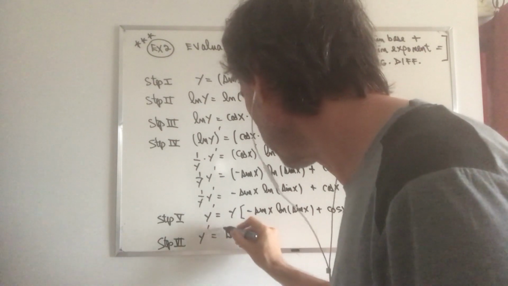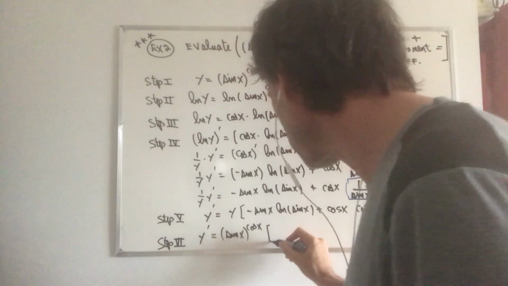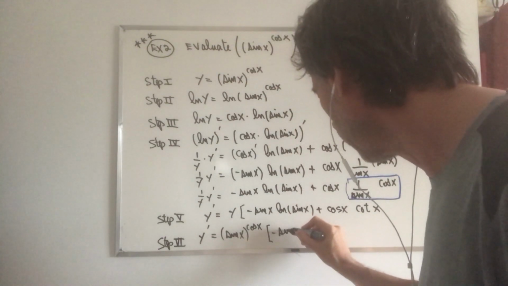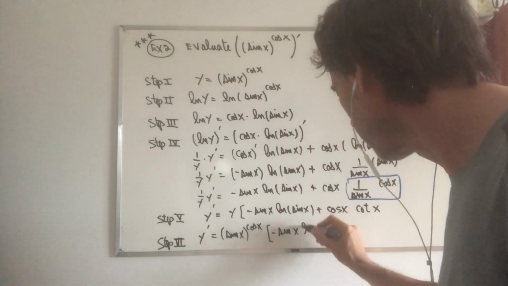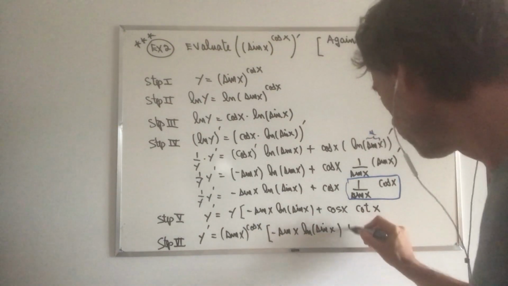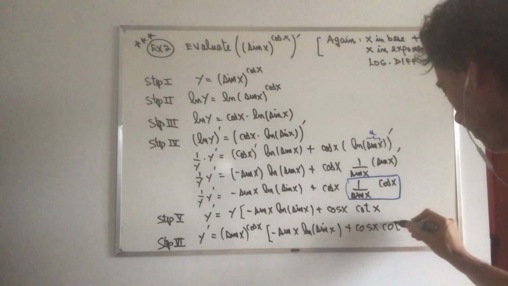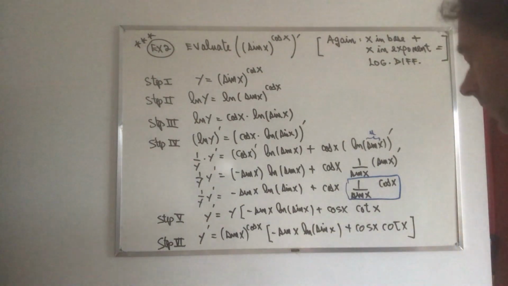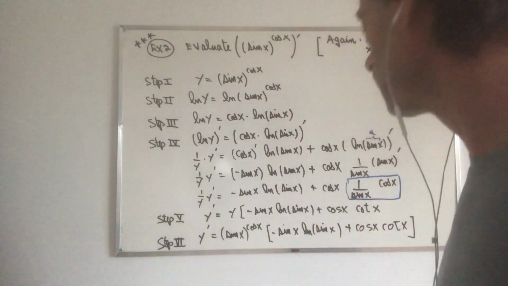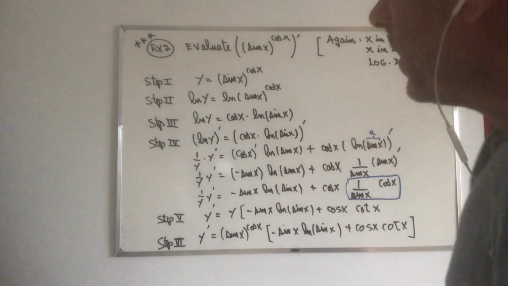Sine x to the power of cos x times minus sine x ln of sine x plus cosine times cotangent. And that's that. It's not very pretty, but it is accurate and it corresponds to the answer.